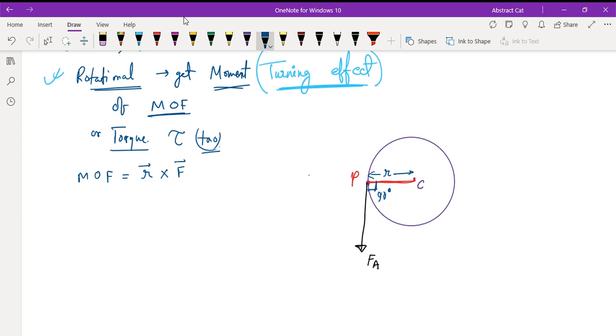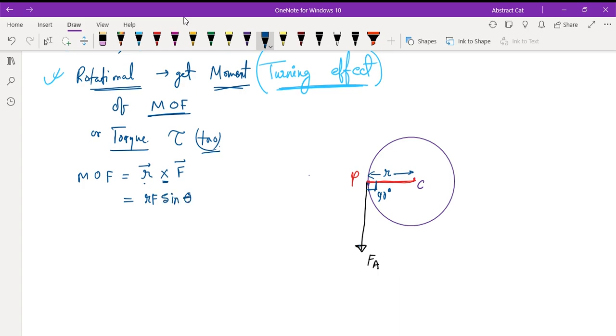In class 11 you should know that that is a vector symbol. But here r cross F is the moment of force. So we get rF, that is a cross product, and finally a trigonometric ratio, you get sine theta.